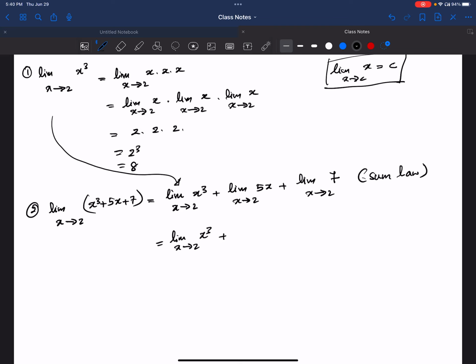And then they have a constant multiple rule. And then this is a constant. This is constant.